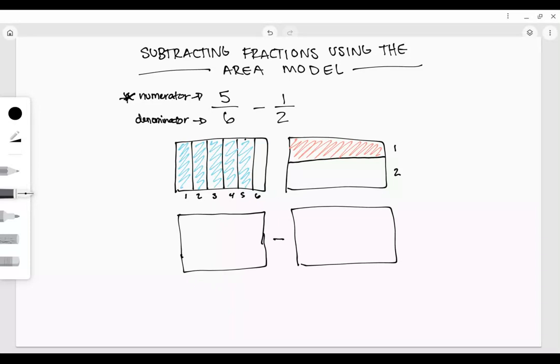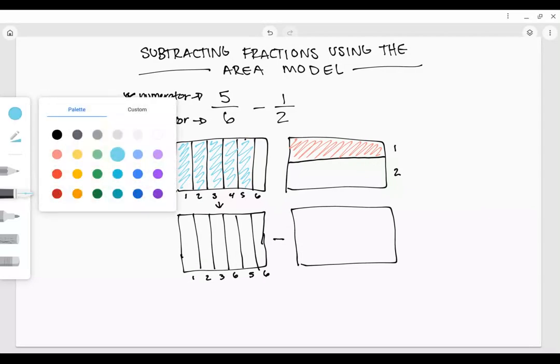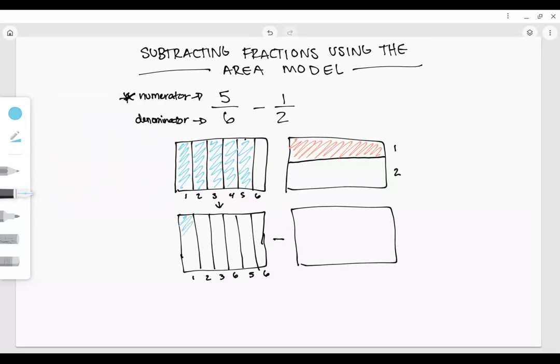And so we're going to bring this fraction down. So that means we're going to divide it into 6 sections again. So our 1, 2, 3, 4, 5, 6. And we're going to shade in 5 out of the 6.